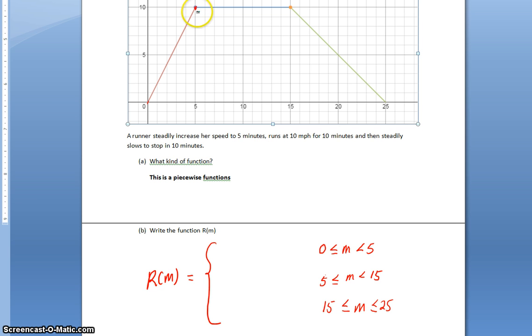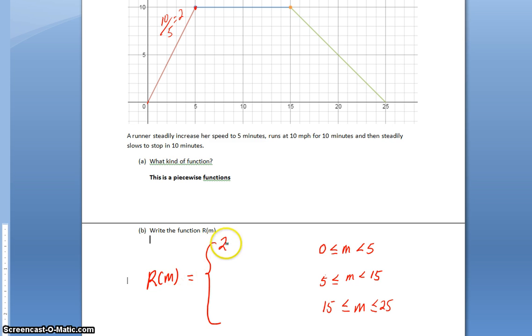Rise is 10, run is 5. 10 over 5 is 2, so your slope is 2. And your variable is m, so instead of 2x, you write 2m. If there's a y-intercept, you add a number; otherwise it's just 0. So 2m only for this one.